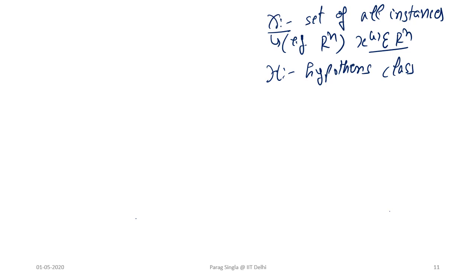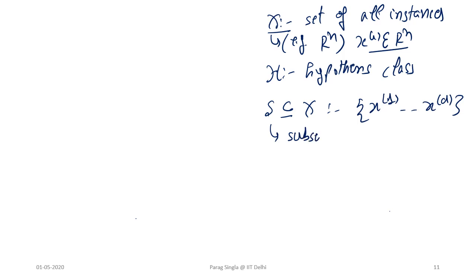Then we will also define a set S, curly S, which is a subset of all instances, typically denoted as x1 to xd. So this is a set of instances in the instance space.